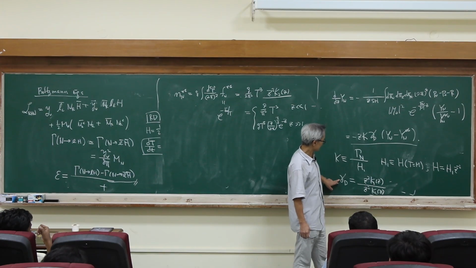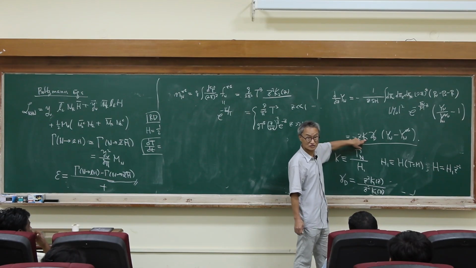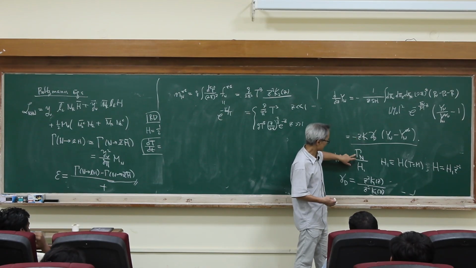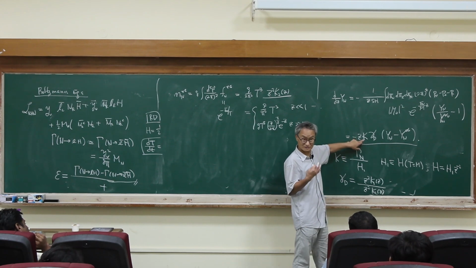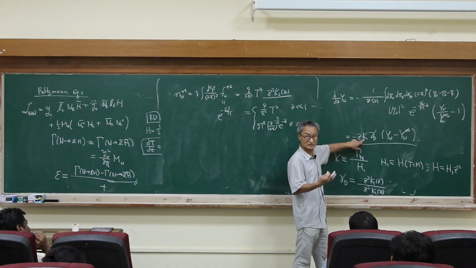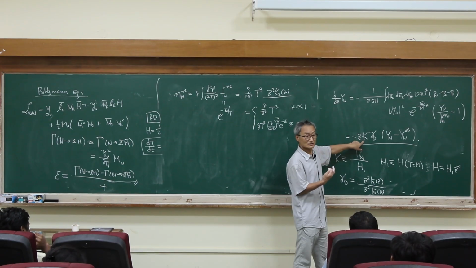So gamma d. Okay, so actually K can also be very small or large depending on the size of the decay rate. So you can decouple, I mean, it can be in thermal equilibrium longer or shorter. So K is a measure of when it decouples.